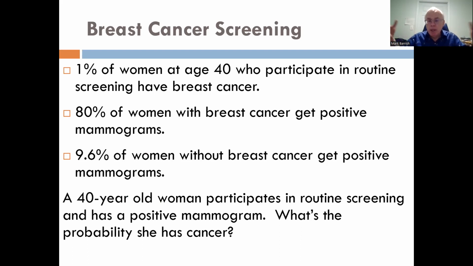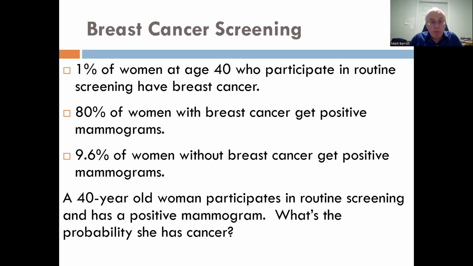So let's say there are 50 million women who routinely screen for breast cancer, and that is the population we're looking at. 1% of those would, in general, have breast cancer. That means 99% of women who participate in routine screening do not have breast cancer.